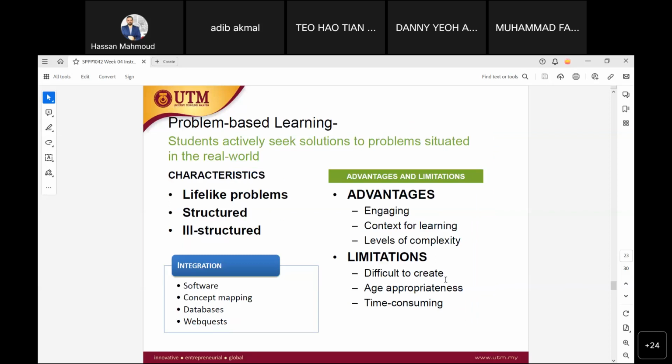All right, now we have something called problem-based learning. Do you think it is teacher-centered or student-centered? You can write in the chat. Teacher-centered or student-centered? Problem-based learning.